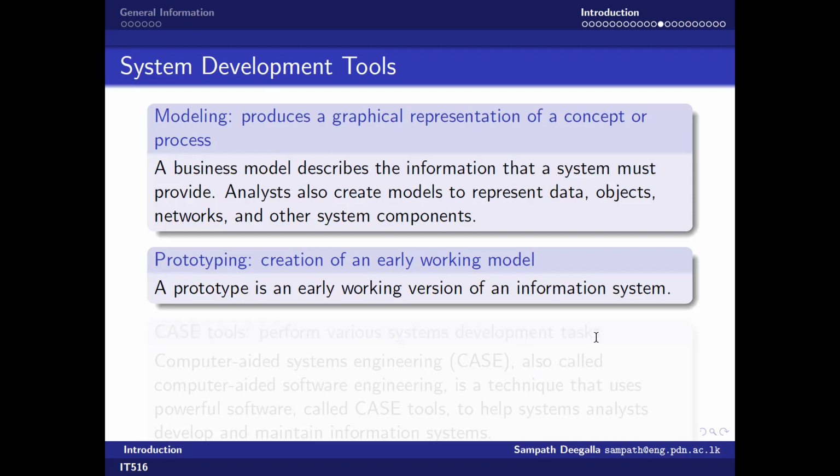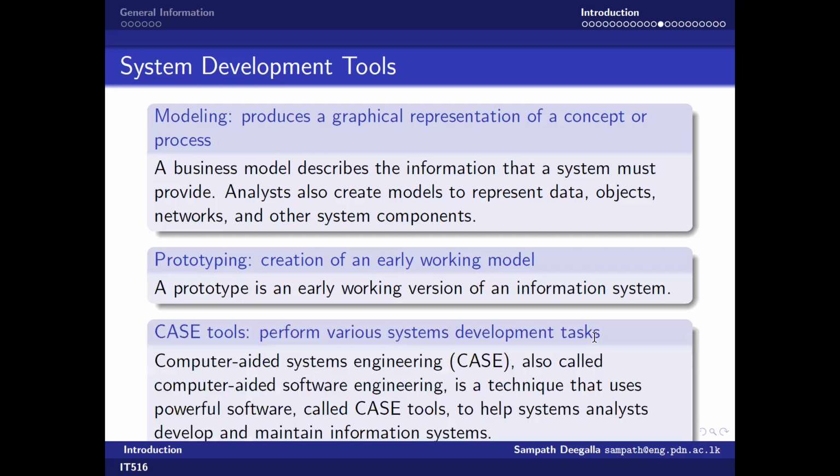We are not going to build entire information systems at once, like in the early days. So you start with a small prototype and you keep on improving. And then we will also have CASE tools. This is to perform various system development tasks. For example, computer-aided systems engineering or computer-aided software engineering.